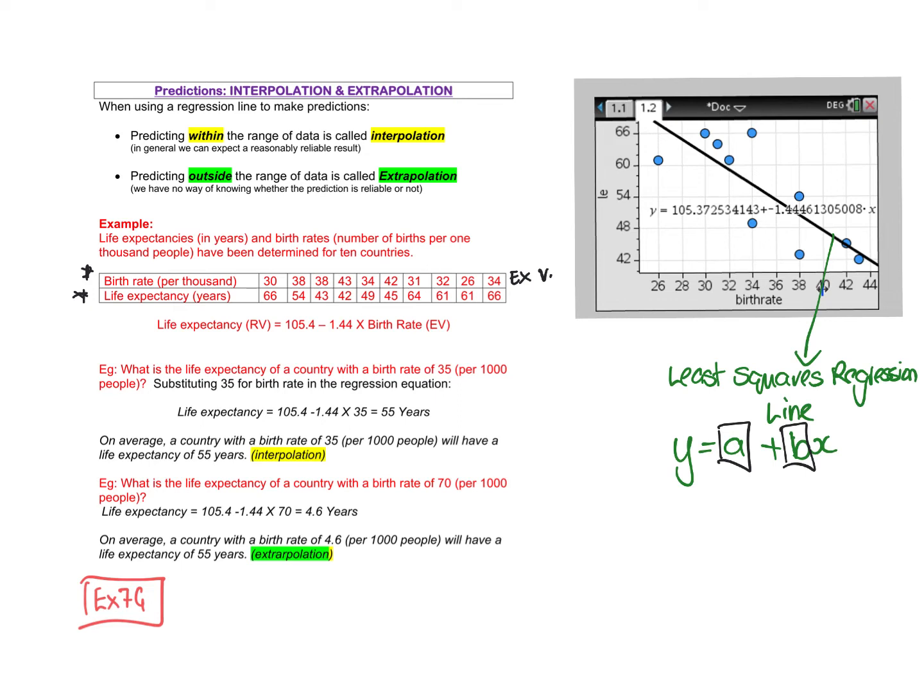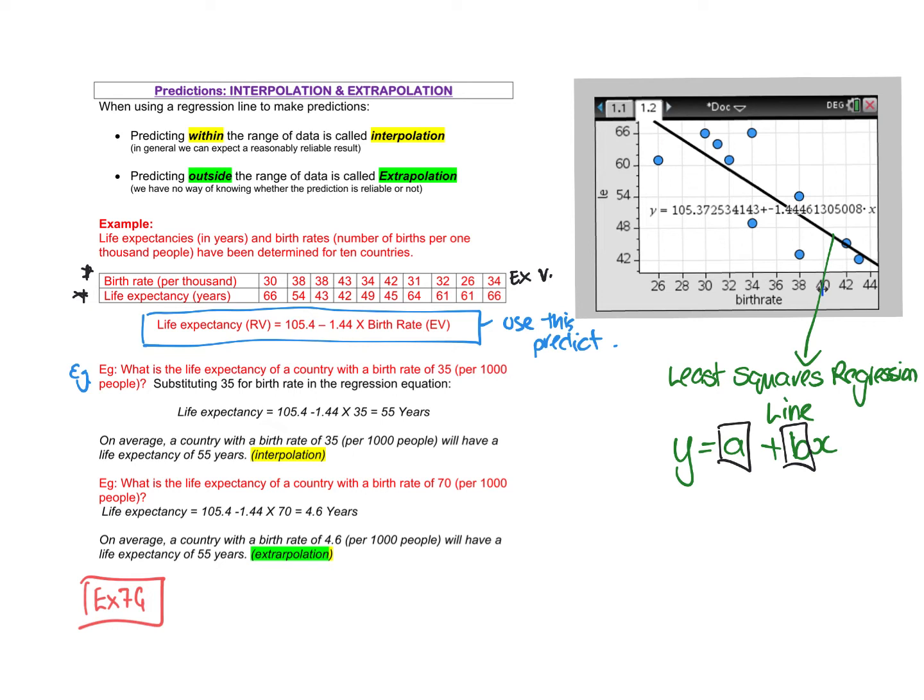All right, so now we've got a formula that we can use to predict life expectancy. We might tell you a country's birth rate and ask you to predict their life expectancy. Here it says, what is the life expectancy of a country with a birth rate of 35?